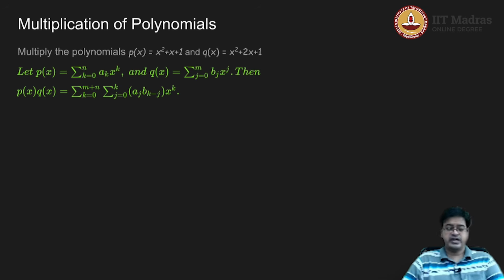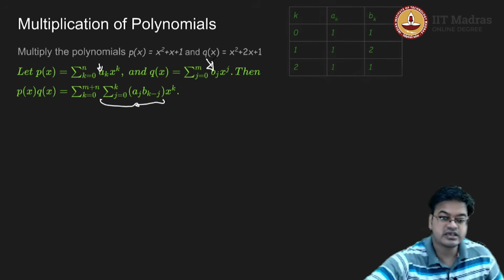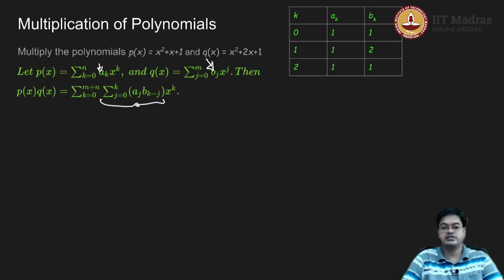So in order to find the product of these two polynomials, we simply need to find the coefficients of x raised to k. So let us first identify what are ak's and what are bk's. j is a dummy index, so it doesn't matter.